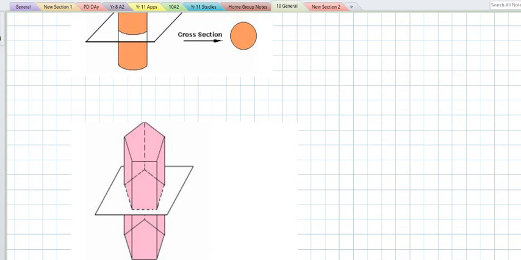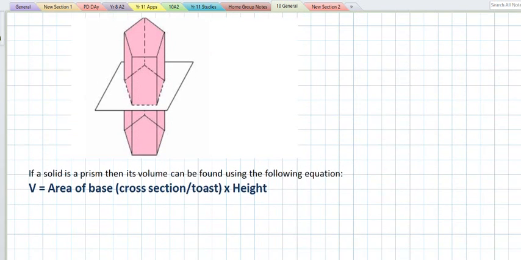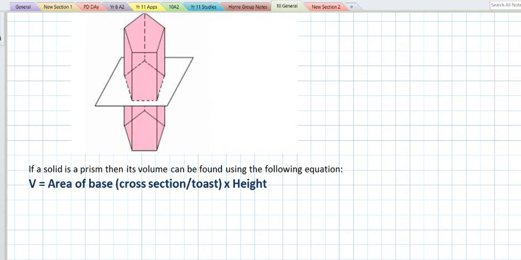If we want to find the volume of a swimming pool, a water tank, this room, we use the same formula. Alright, so this formula is the area of the base times the height. This is the only formula we'll be using today, but it takes a bit of practice to use.